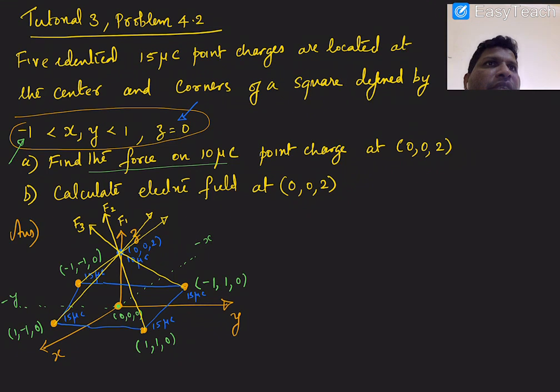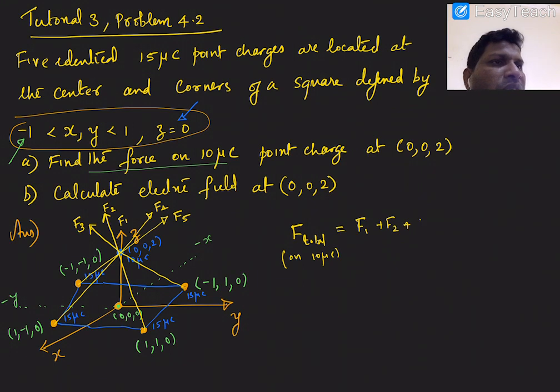Then the force from 1, -1, 0 I will put it as F4, and the force from -1, -1, 0 I will put it as F5. So what will be the total force acting on the 10 microcoulomb charge? It will be equal to F1 plus F2 plus F3 plus F4 plus F5.